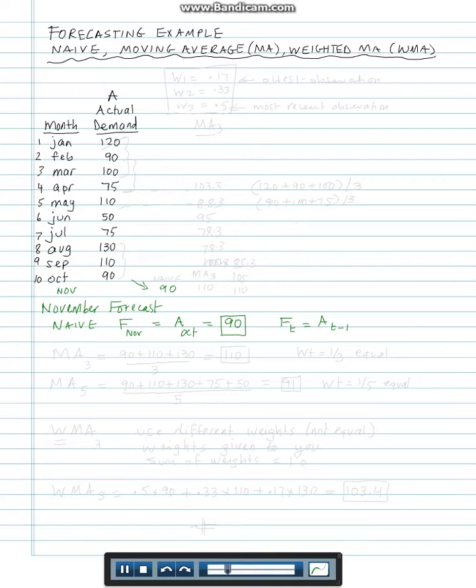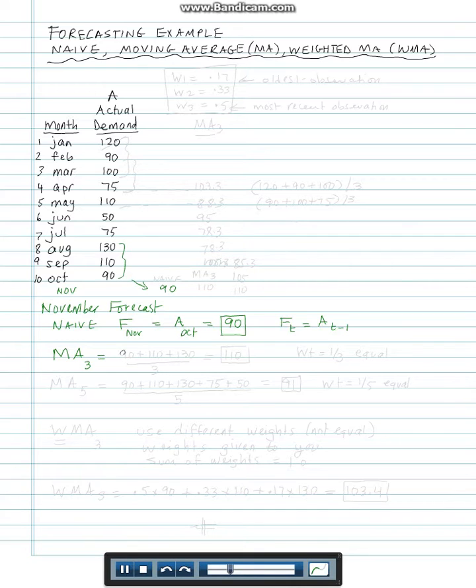So let's do moving average. The way moving average works is one period at a time. So again, like naive, we have to pick a period. If we say we want a 3-period moving average, it means we're going to have to go 3 periods in the past and average them out.